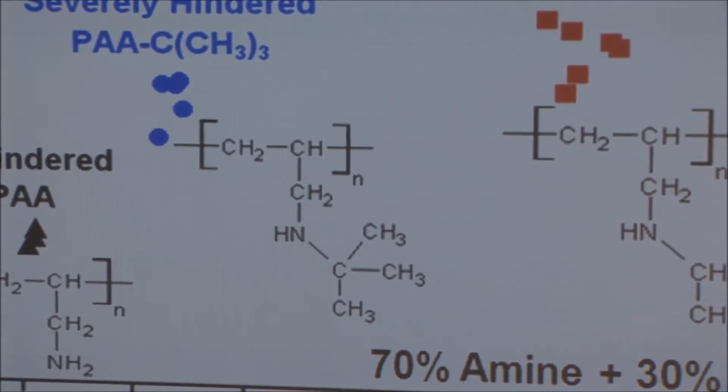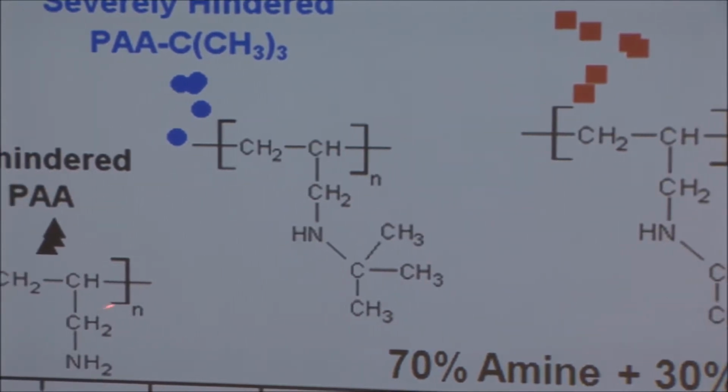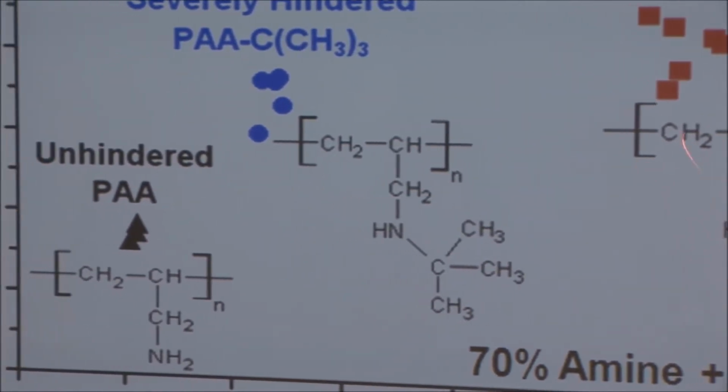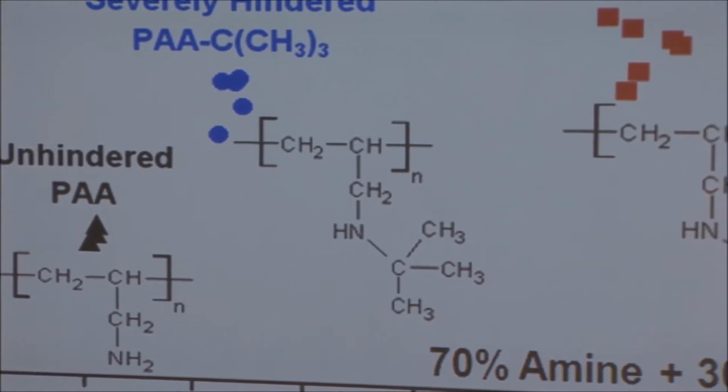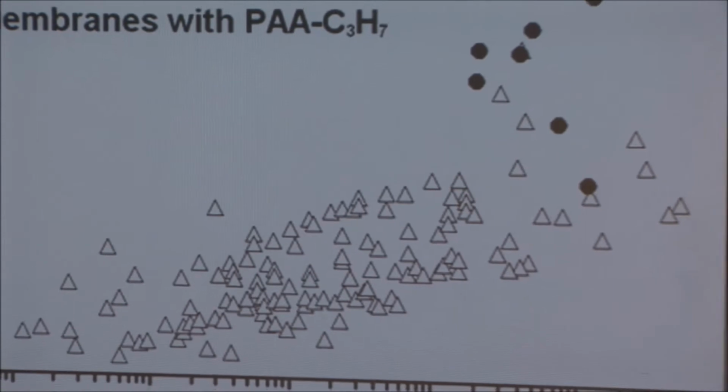So the reactivity difference is reduced significantly. But because of more free amine groups than the unhindered, the performance is still better than the unhindered. But certainly it's not as good as the moderately hindered amine.